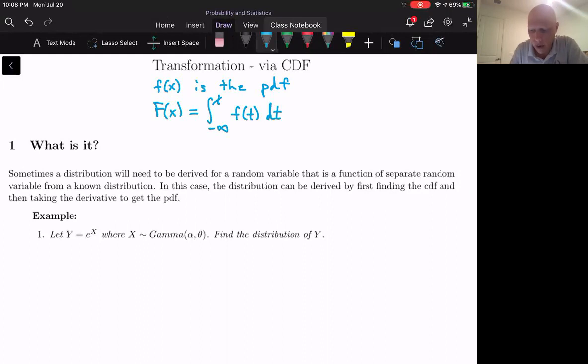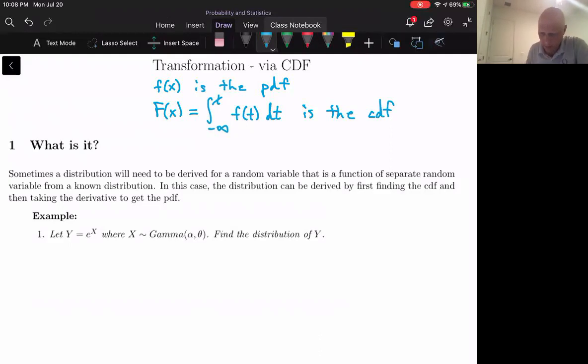And so if you have a CDF, then to go from a capital to a lowercase, you need to take the derivative. And so that's what we're going to do. Sometimes we'll use a trick. Sometimes we'll actually take the derivative directly, and you'll see both of those cases.